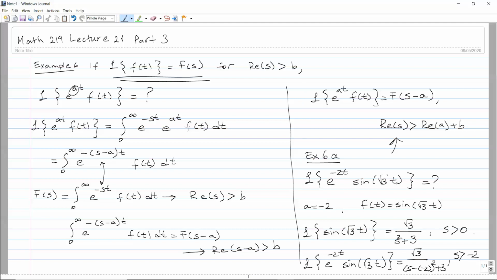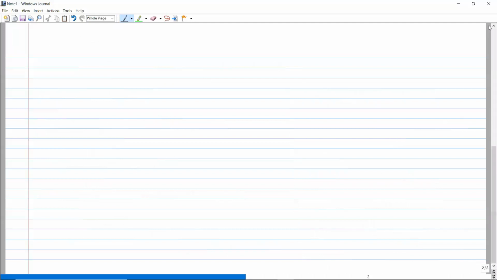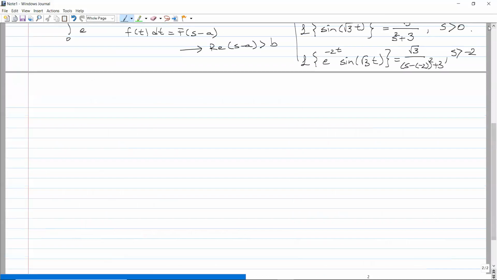So if I rewrite this, the Laplace transform of e to the minus 2t sine root 3t is root 3 over (s plus 2) squared plus 3.